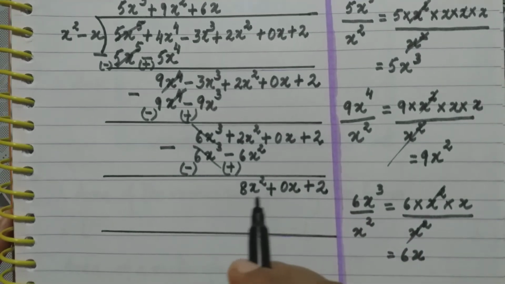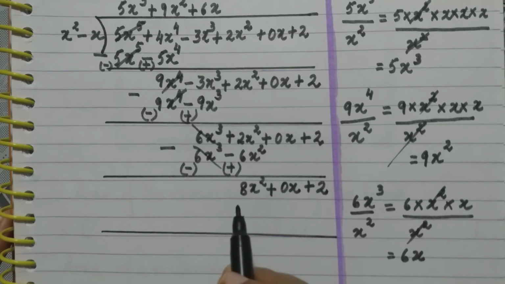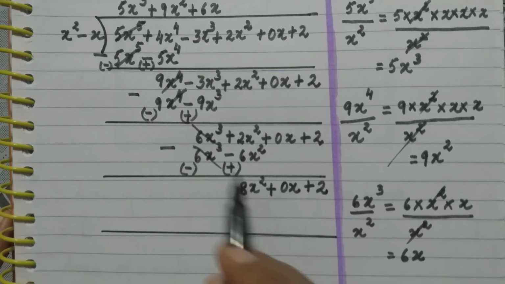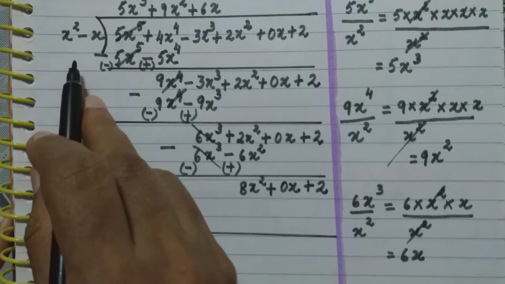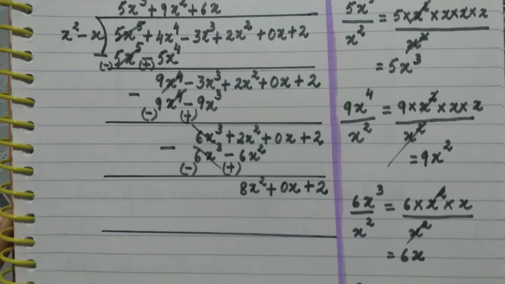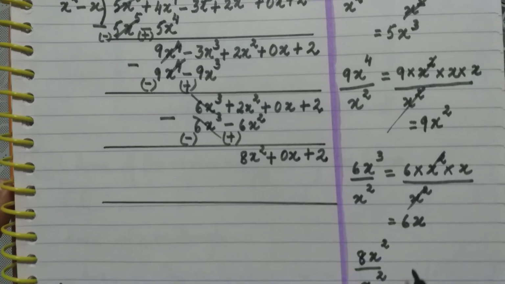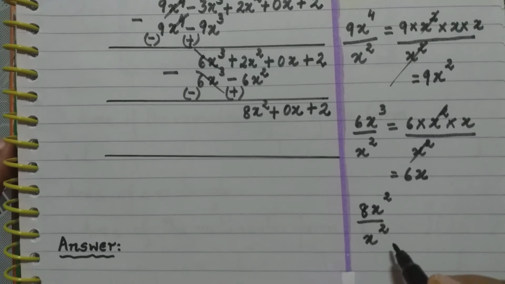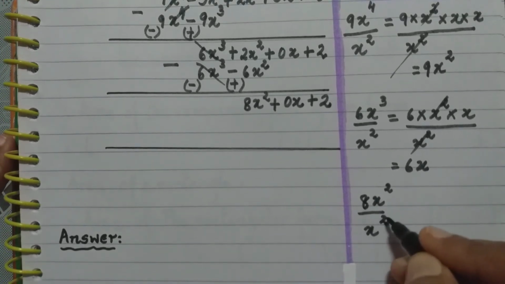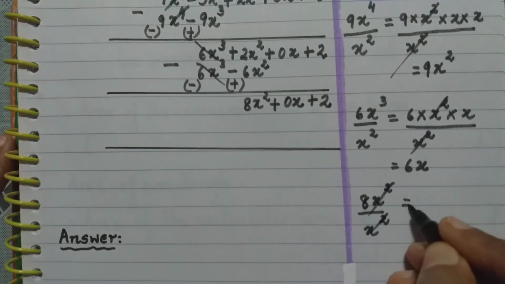Now we have 8x square as the first term of the dividend. So that is divided by x square now. 8x square upon x square. So here 8x square divided by x square. What happens here? x square and x square cancel.